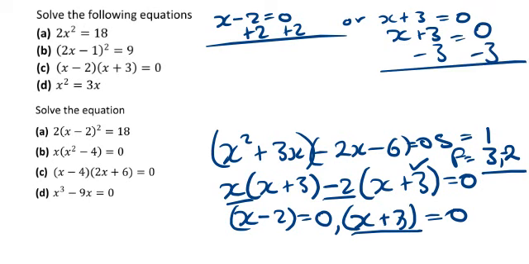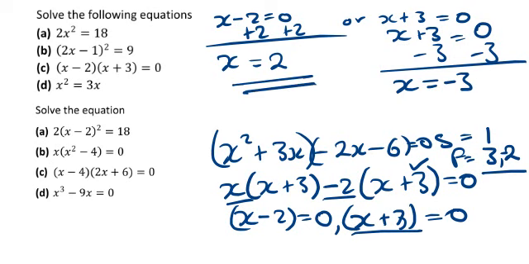So what we are going to have, we are going to have negative 2 plus 2, that is 0. So x will be equal to 0 plus 2, that is a 2. Here positive 3 minus 3, it is 0, equal to 0 minus 3, it is negative 3. So that is our answer.